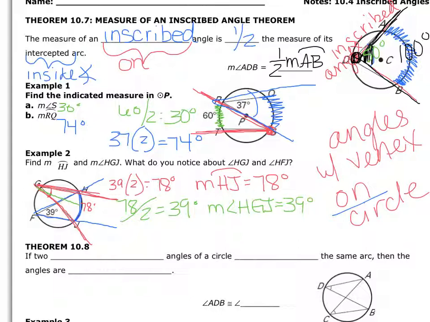Now, what did we notice about those two angles? They're actually congruent. This is 78, and so this is 39. That leads us into our next theorem.